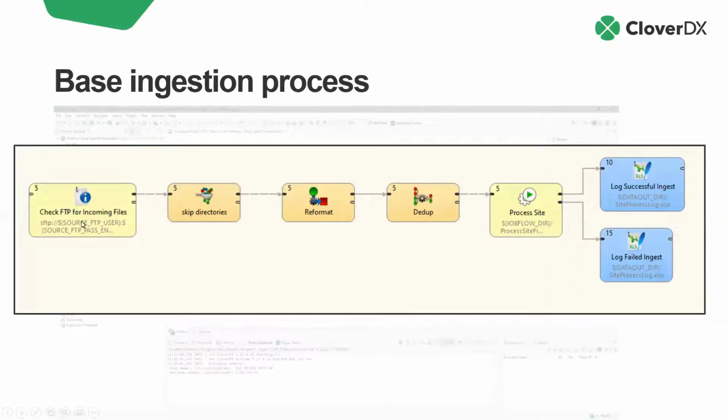We've got a component that checks the FTP for incoming files, skips files that are not interesting to us, deduplicates where necessary, and then performs the ingest and creates a log, right? So we can see how the business design of the pipeline translates into a CloverDX data ingest pipeline.